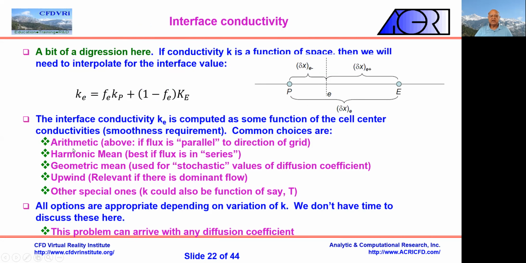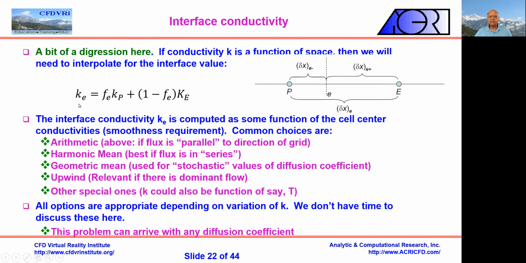Now, I'm going to take a bit of a digression here because I'm short of time, and I would cover about 10 slides on this subject, but I'm just going to do one. What happens is when your k is varying, let's say your conductivity is varying, right? And there are two points and you are asked to get the value at this point e, at the midpoint, not here and there. k is a function of space or could even be a function of time.